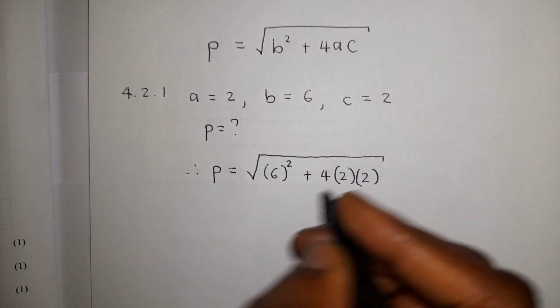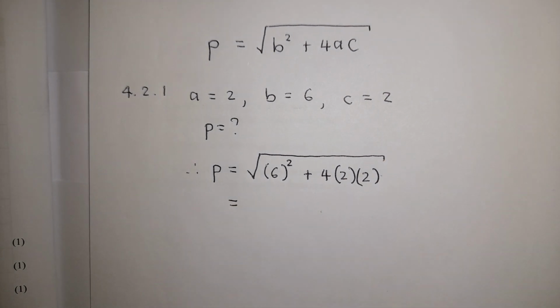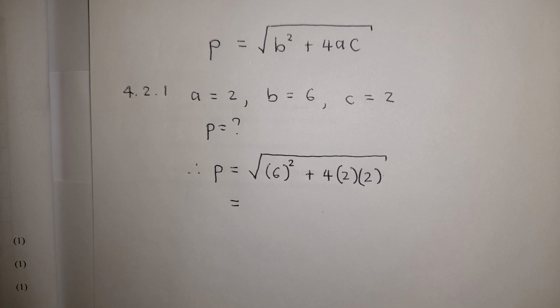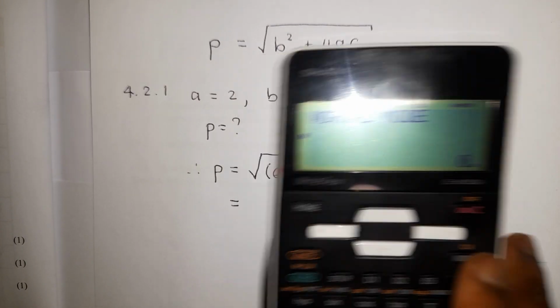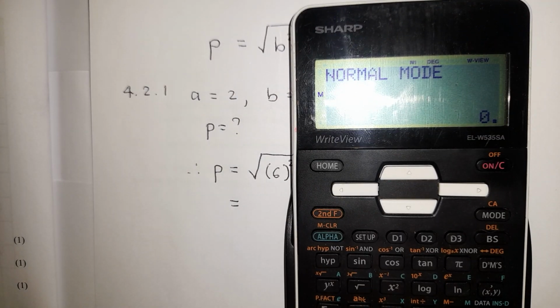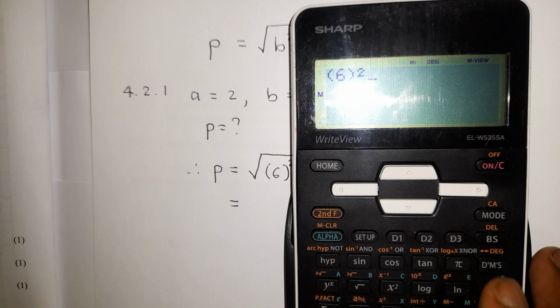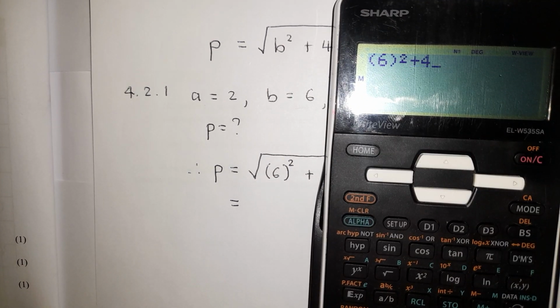Right. Then when I substitute this quickly, I'll punch it in the calculator, but you don't have to. You can still punch it in the calculator. I'll do it without the root, so that at least I have a nice answer. 6 squared plus 4 into 2, and then times another 2.